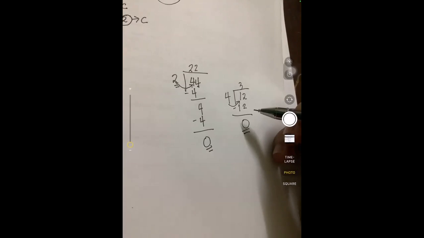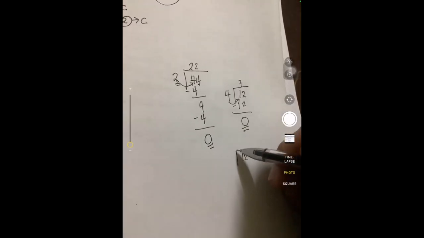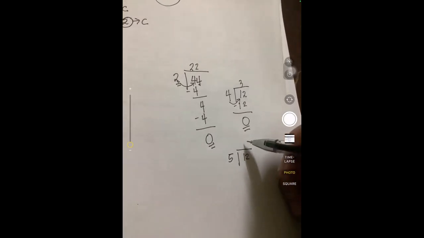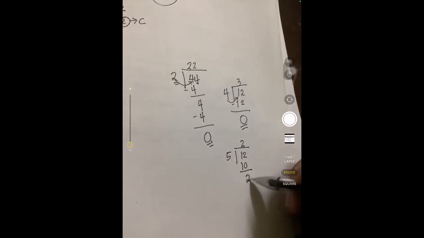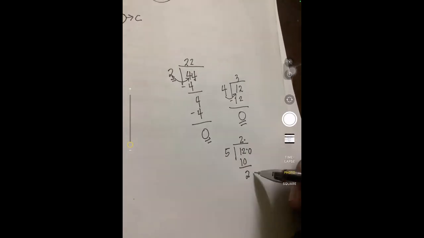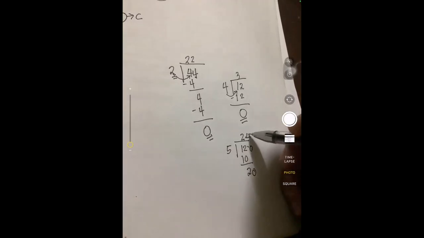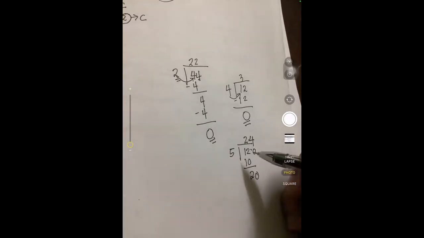Suppose we have 12, but we divide 12 by 5. Diba? 12 divided by 5, I have 2. 2 times 5 is 10. Sorry, hindi pala tayo allowed magdagdag ng decimal.